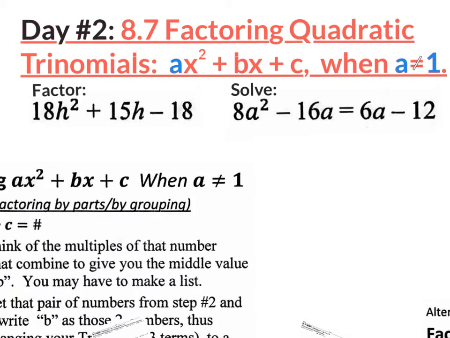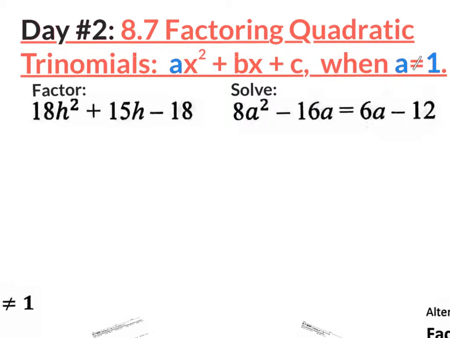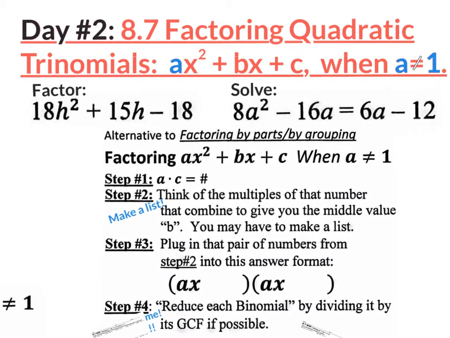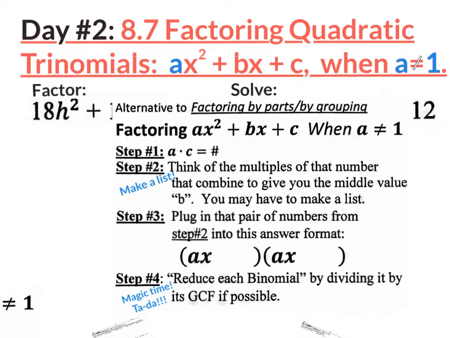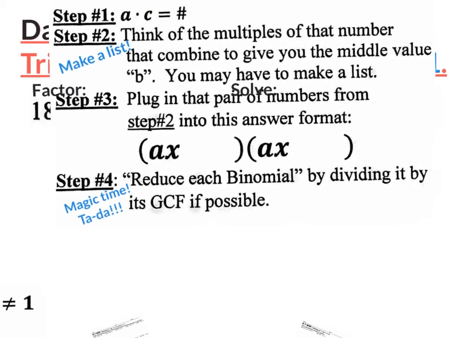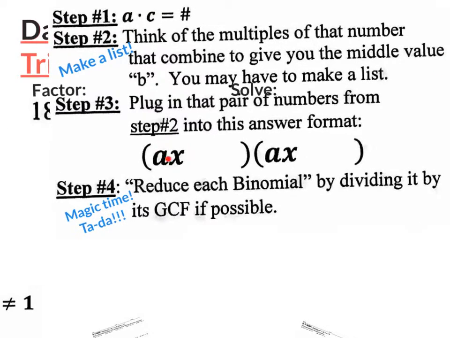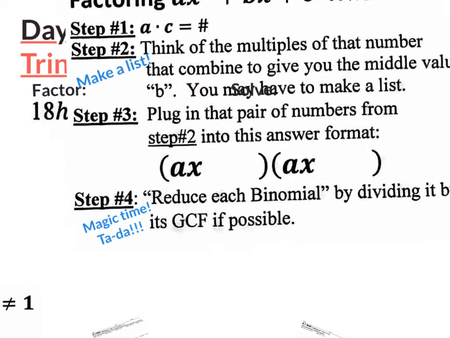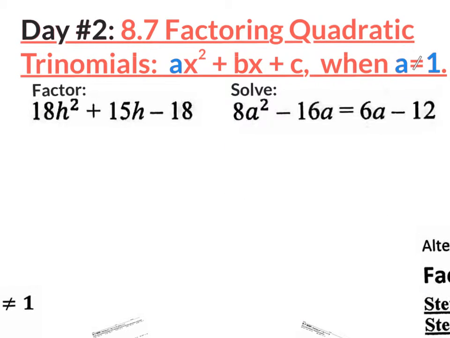That takes a really long time. But we also learned an alternative method, a shortcut, right? I call this the magic shortcut method because it has some unexplainable steps, like step 4, that's what I call the magic time, where you just divide your binomial by whatever you can. Anyways, let's do a couple of these examples.